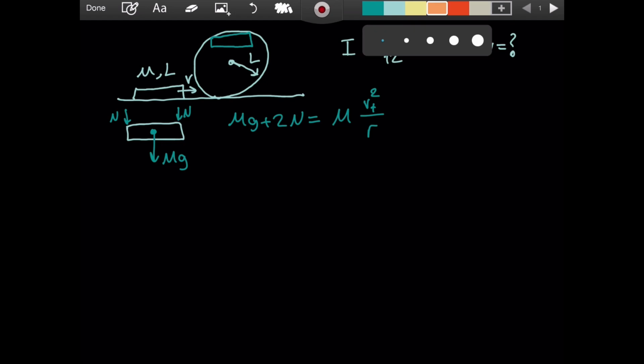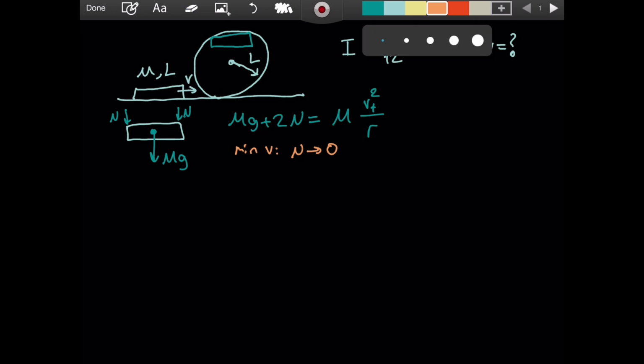Here, what is our condition? For minimum V, we want the rod to be just about to fall when it reaches the top point. And what does just about to fall mean? It means that the rod is about to lose contact with the loop. So the normal force is tending towards zero.